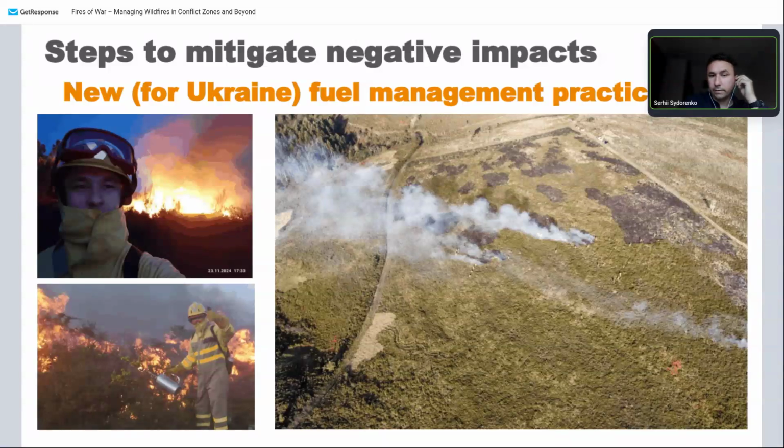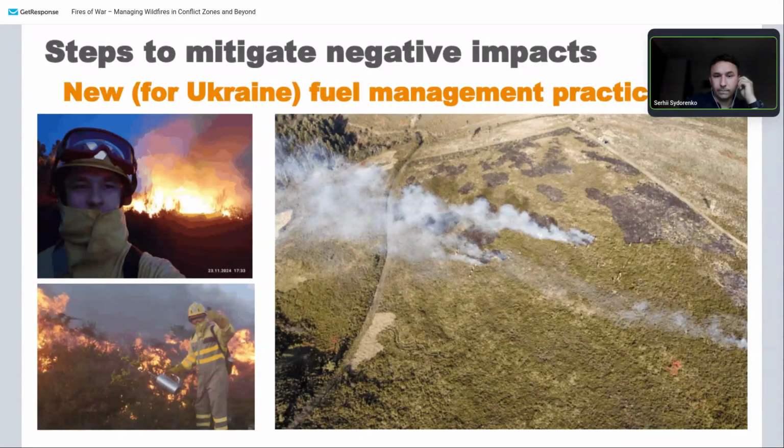Because if we have a polluted area, we simply cannot go there and set the fires personally by firefighters or fire technicians, because it is unsafe, and according to the rules, we need to stay away around 1 kilometer from the territory.